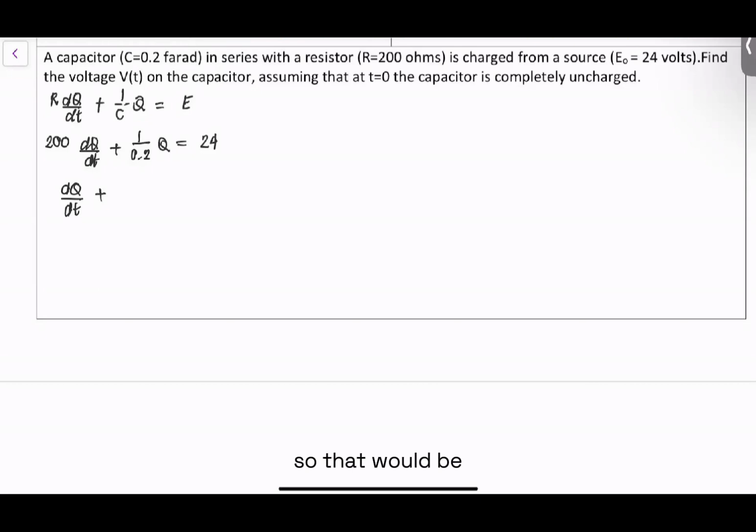So that would be 0.025 q equal to 24 over 200. So we are given C of 0.2, R of 200, and E of 24. Take note that 24 divided by 200 is 0.12.